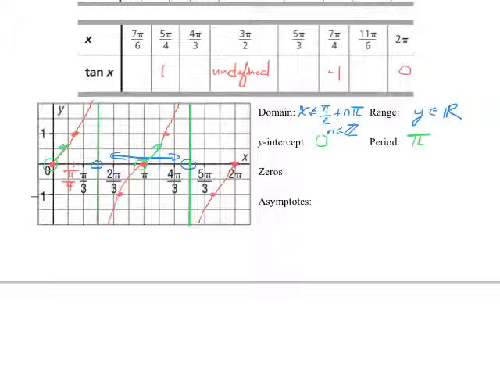The zeros happen at 0 and pi and 2 pi, so it'll be similar to the graph of y equals sine x. So the zeros are at n pi, where n is an integer.